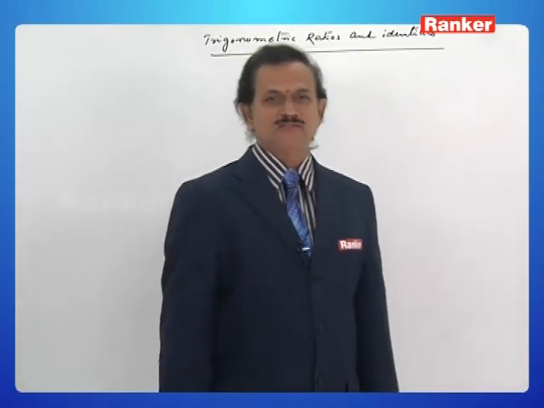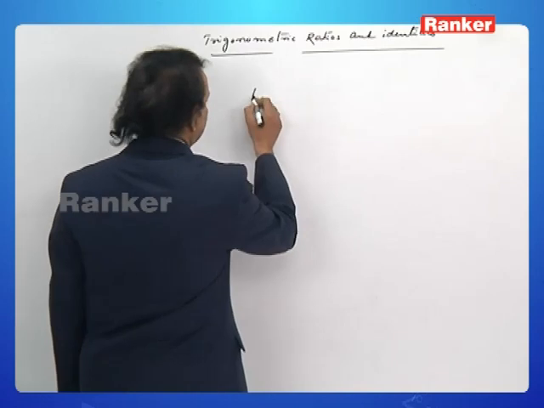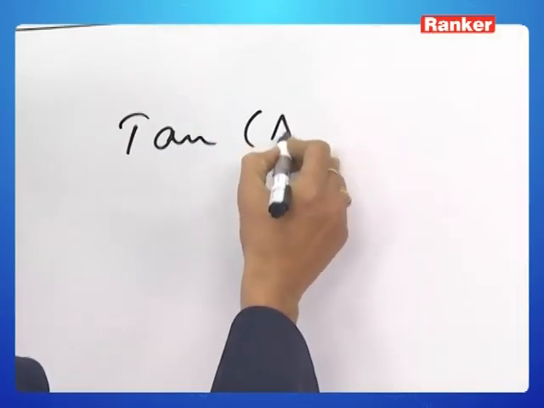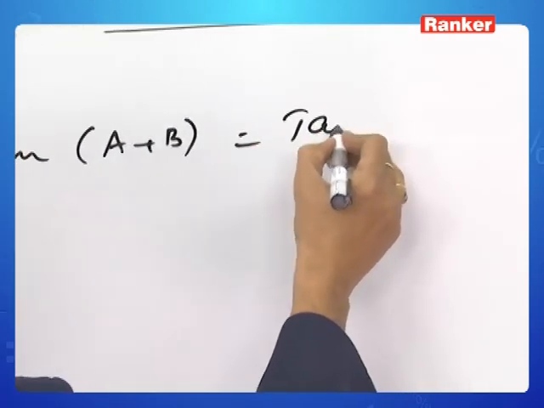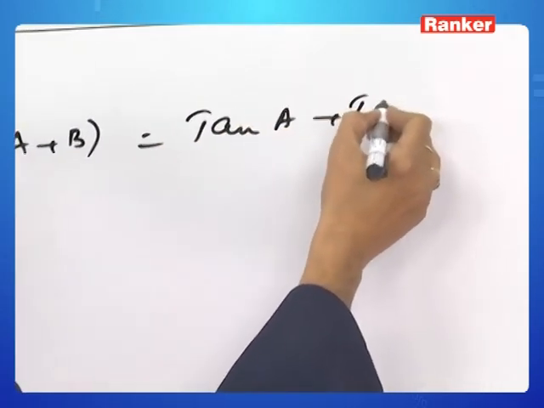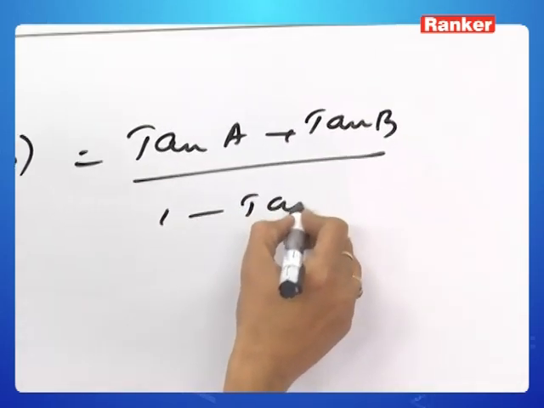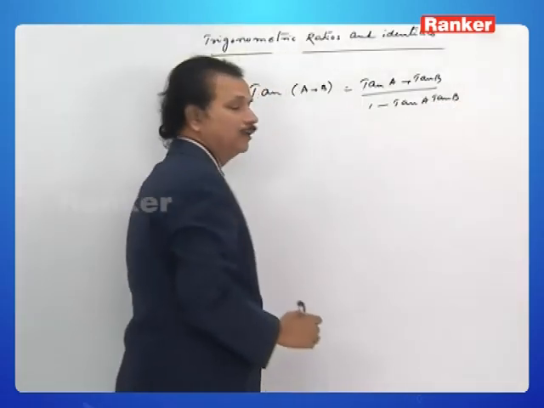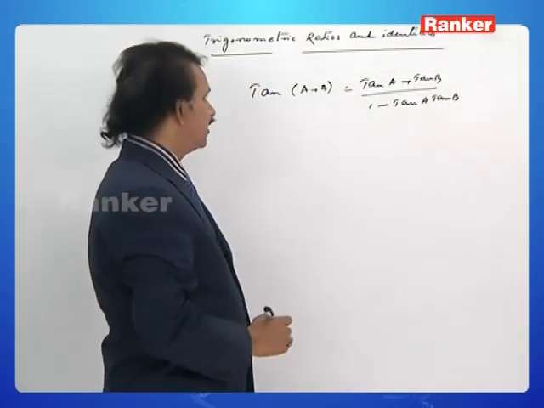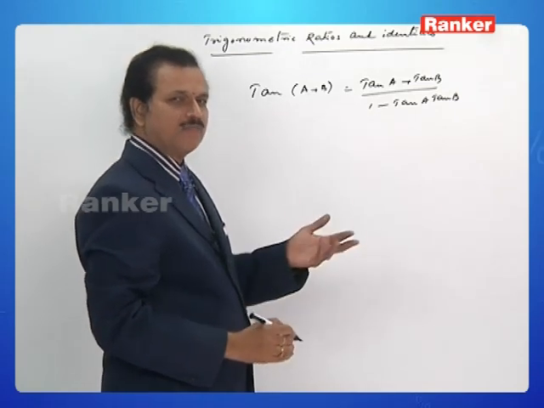Let us now observe some more special features of this chapter. We know that tan of a plus b is equal to tan a plus tan b by 1 minus tan a tan b. Now take a in the place of b, that is, replace b by a itself.